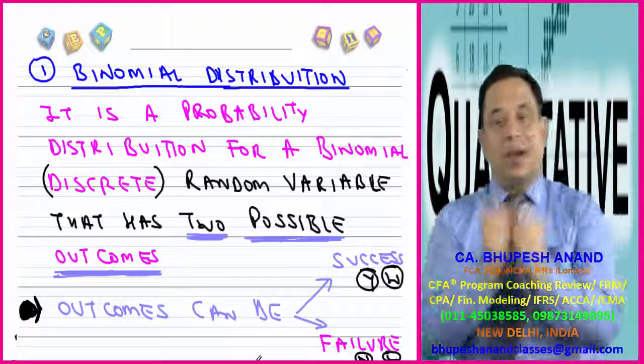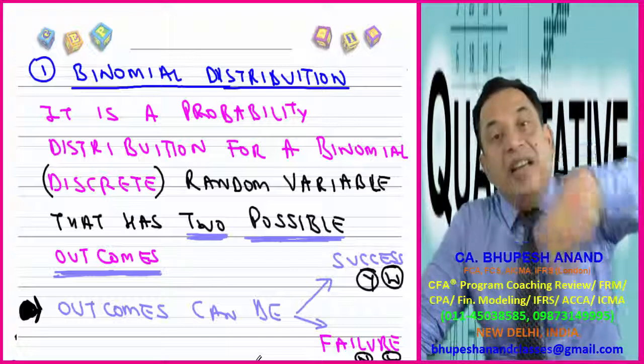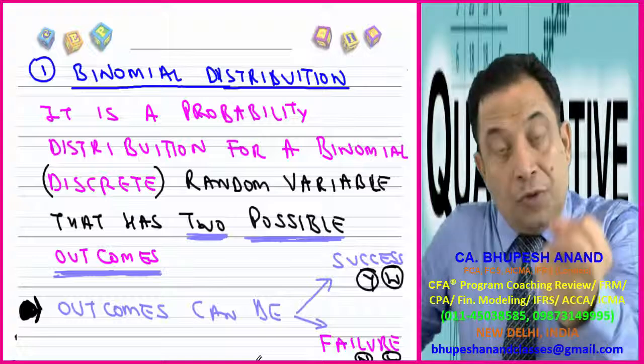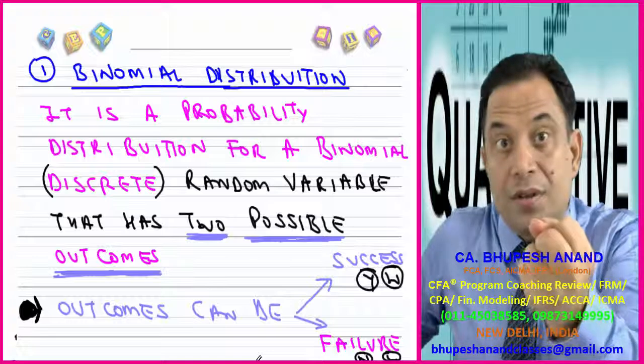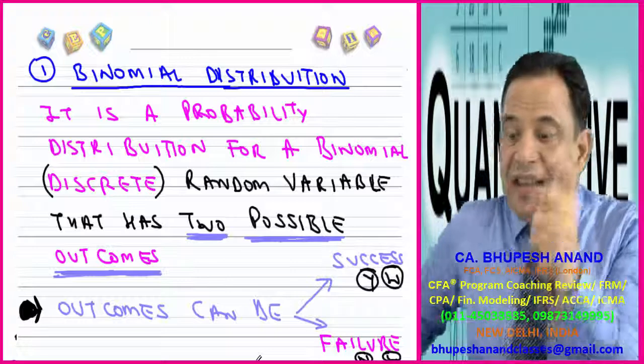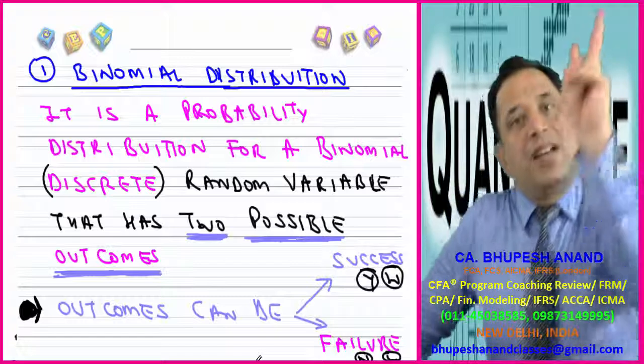What are the features of binomial distribution? It is a probability distribution for a discrete random variable, not for a continuous one. This is very important. It means a discrete random variable is important and two possible outcomes are there.